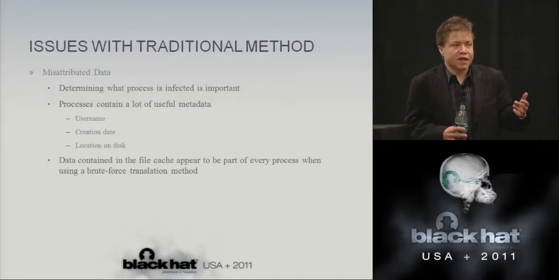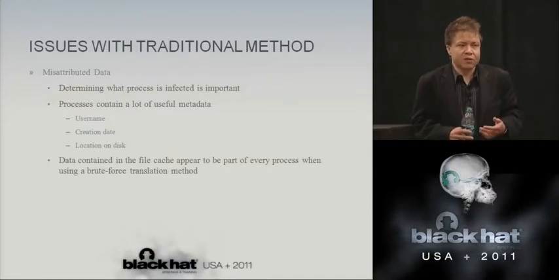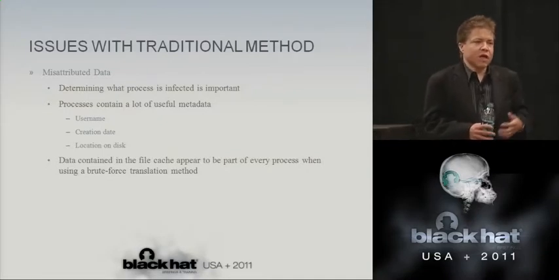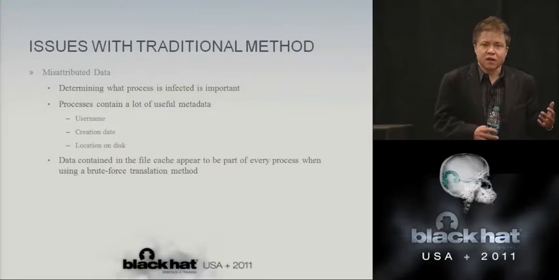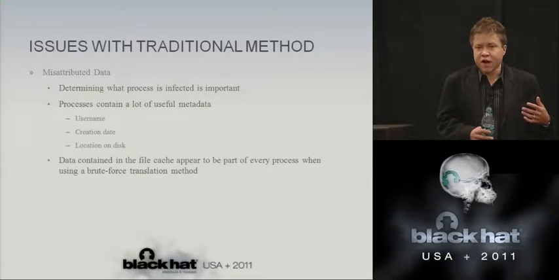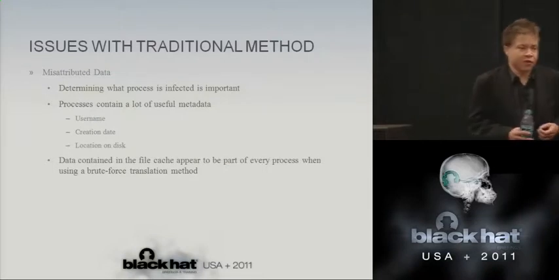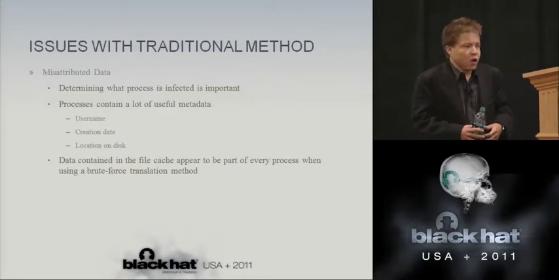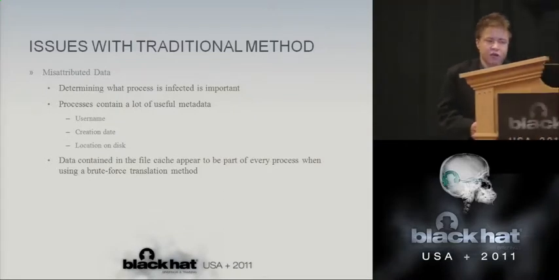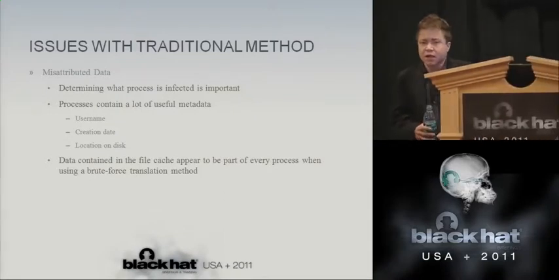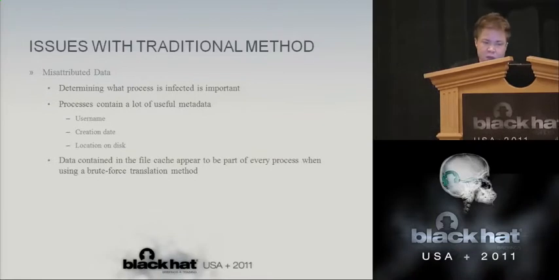That's good data to have because a file system might be 250 gigabytes of hard drive and have over 100,000 files. So if we can start narrowing down on which ones to focus on, that's useful. But if we can't attribute the data to the correct process, then that's a problem.